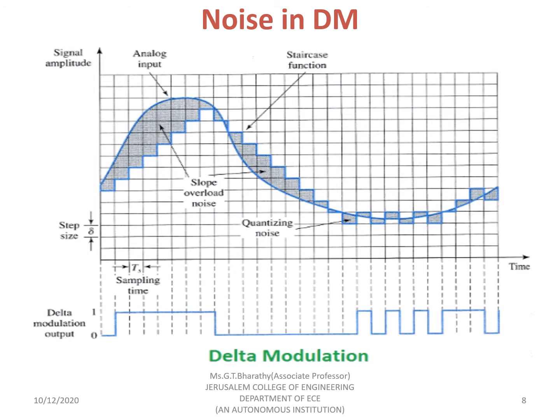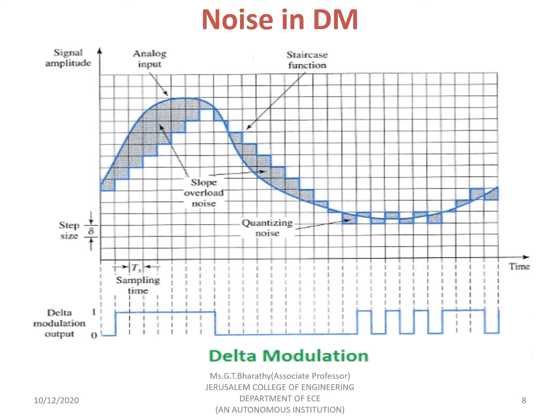So these are the noises that are present in delta modulation. In the diagrammatic representation, you can see time versus signal amplitude. This continuous sine wave is the analog signal, and here we have the staircase approximated signal.